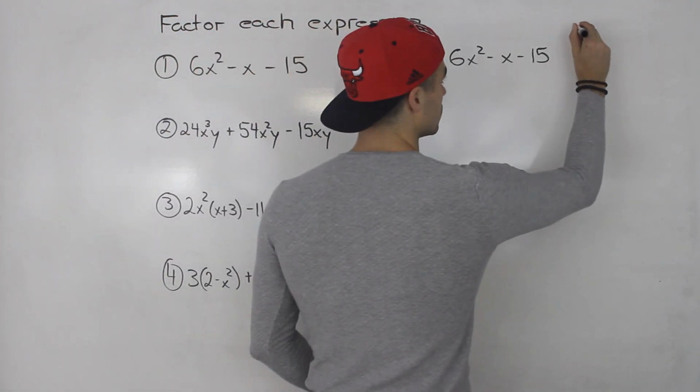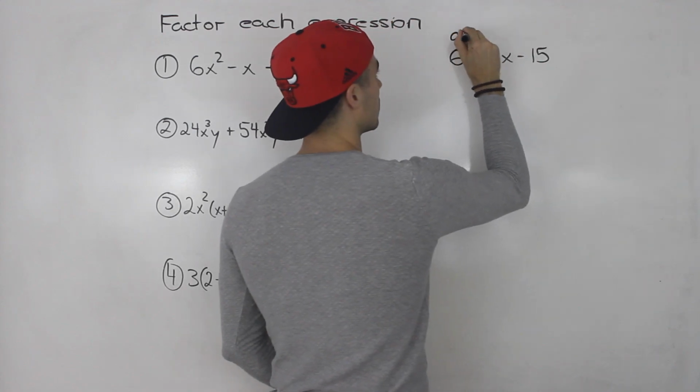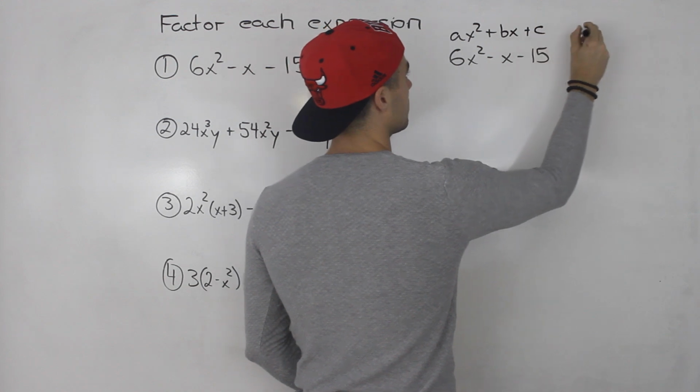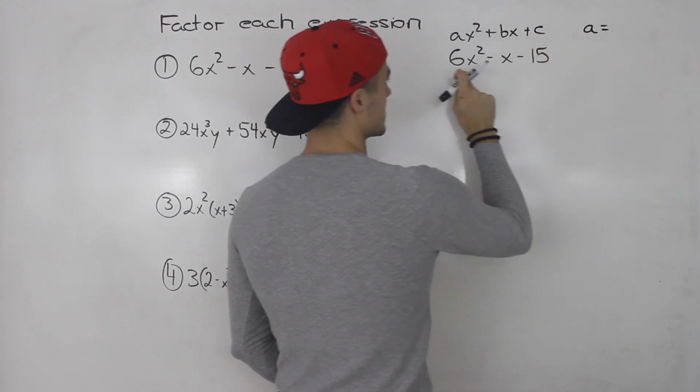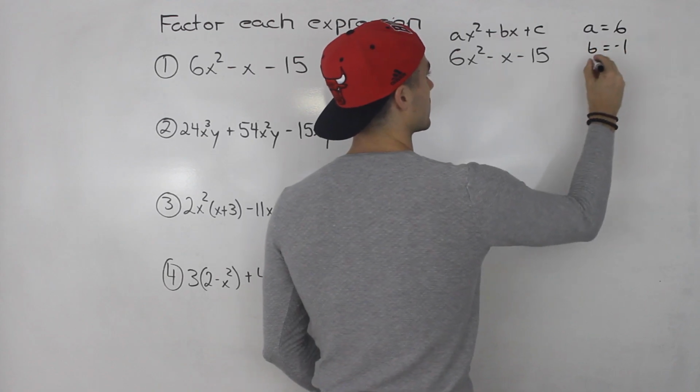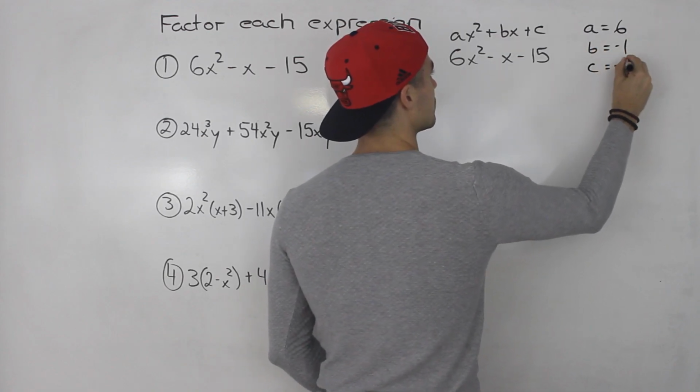To do a little review, if you have a quadratic in ax squared plus bx plus c form, the a value in this case is 6, the b value is -1, and the c value is -15.